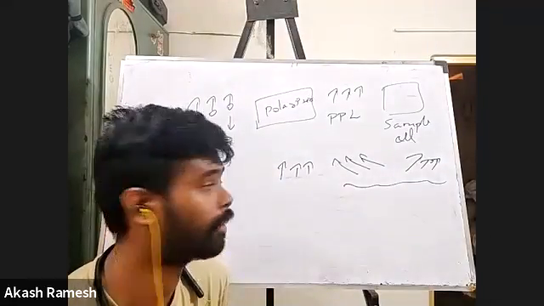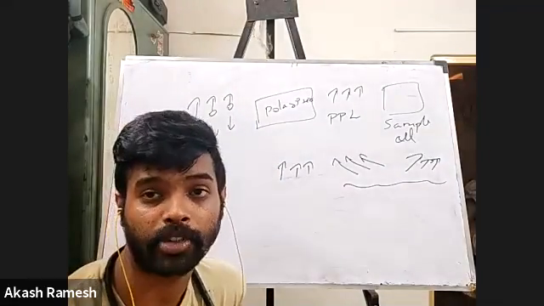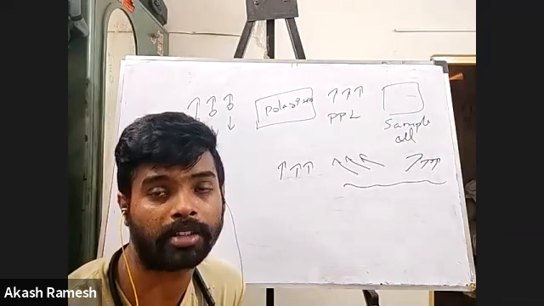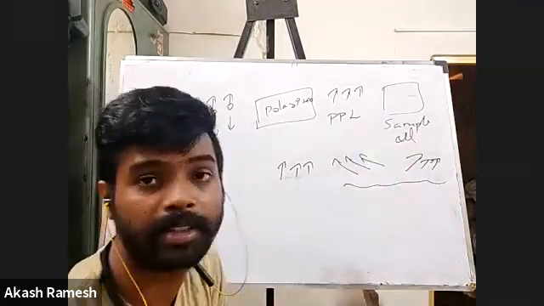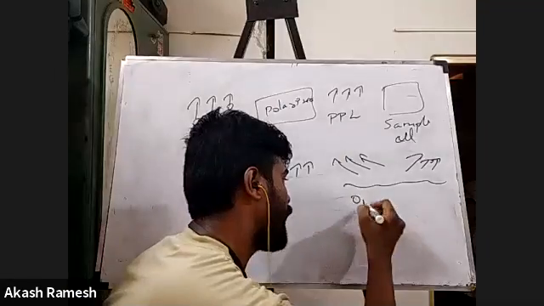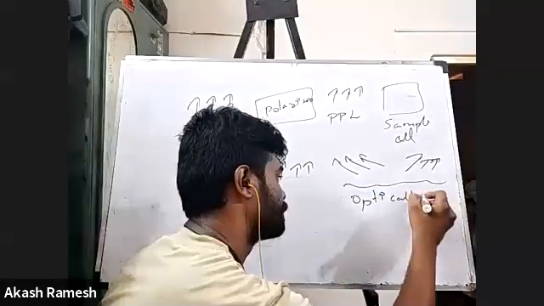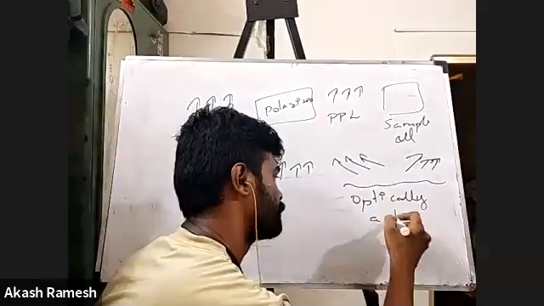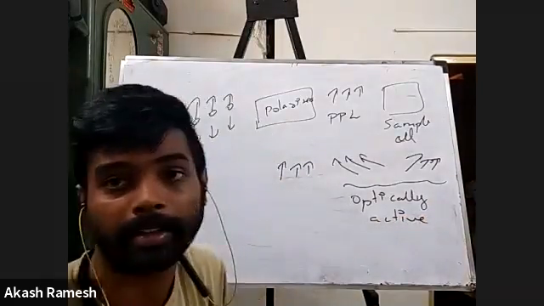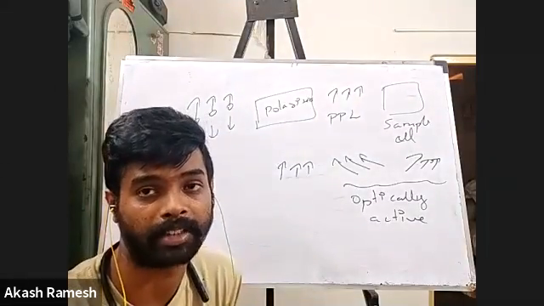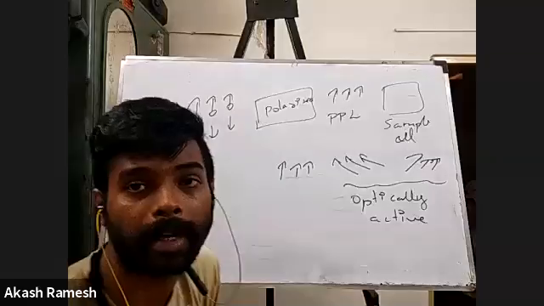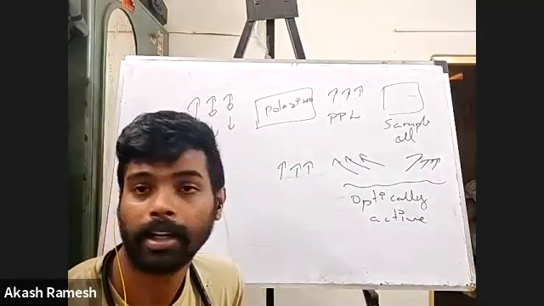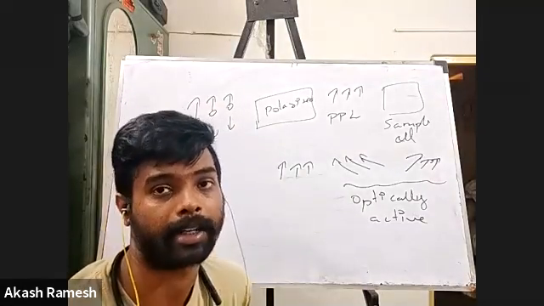Whenever the plane polarized light is rotated towards the right or left, the compound in the sample cell is optically active, and whenever nothing happens to the plane polarized light, it is called optically inactive.